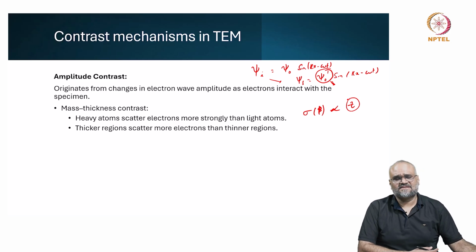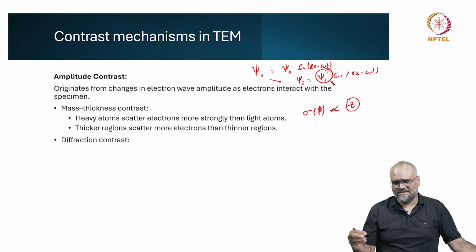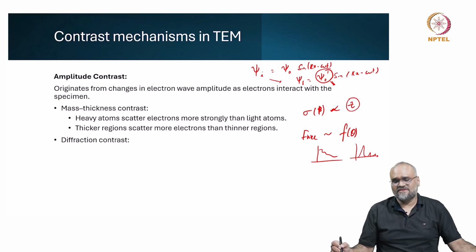There is something else called diffraction contrast, which is also a form of amplitude contrast. If you remember from the previous lecture, we've seen the variation in the structure factor as a function of the atomic scattering factor, and we've seen that for an amorphous material, the variation in intensity is random, whereas for a crystalline material, you had changes in peaks.